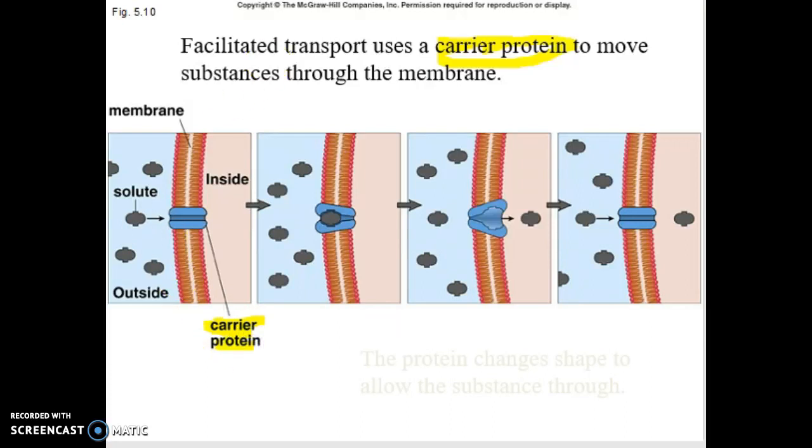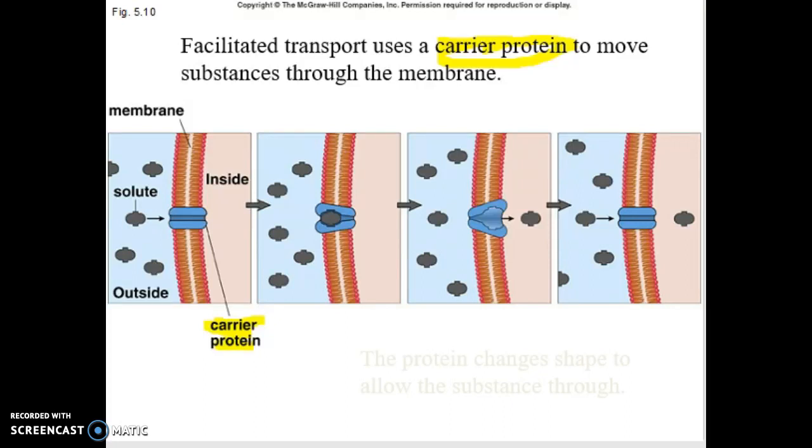It grabs it, pulls it in, squeezes it, wiggles it, pushes it, and then it's inside the cell. So it's a way to get some solutes in that are just a little too big to go through the normal channel protein. So that's with carrier proteins, in an event we call facilitated diffusion.